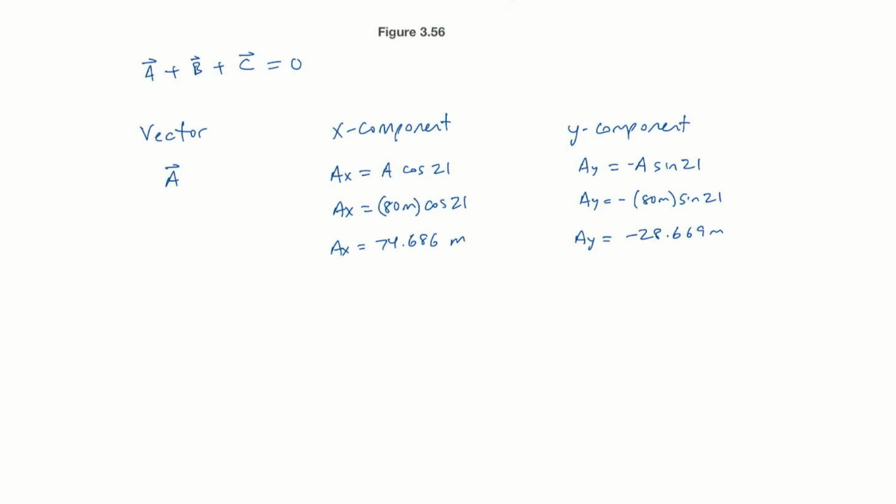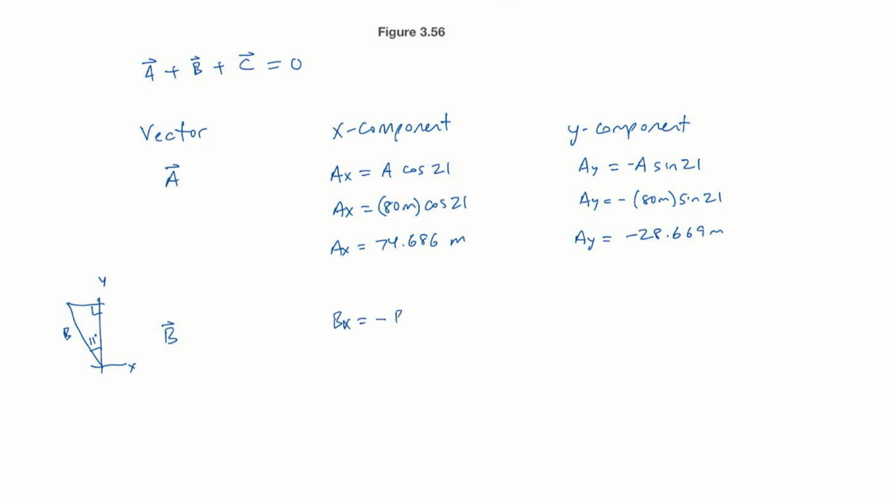Okay, so for vector B, we can make the triangles like this. So there's the x and y. There is B, and then we know this angle is the 11 degrees. And so BX, we'll add our minus sign.